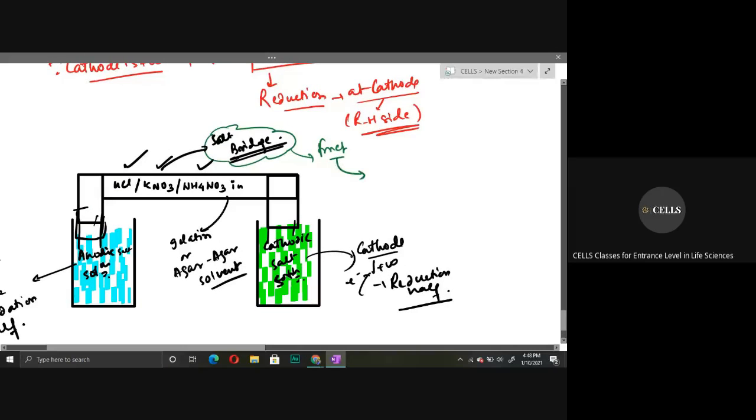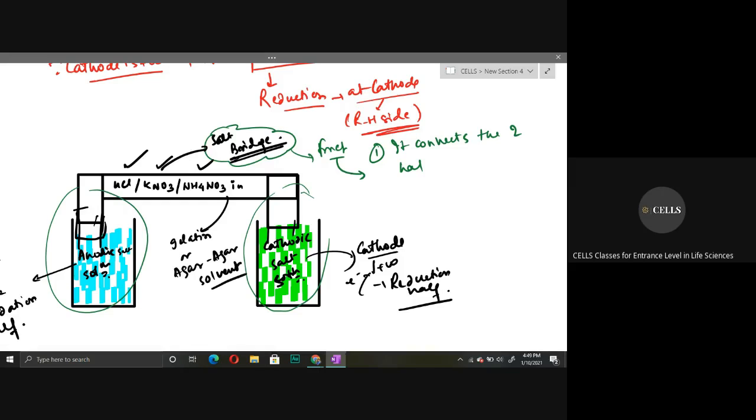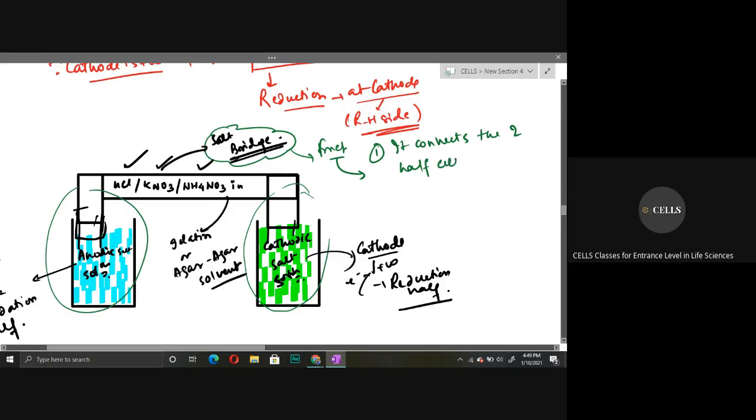First point, it connects the two half cell solutions and completes the circuit. So you can see that the circuit is now complete.